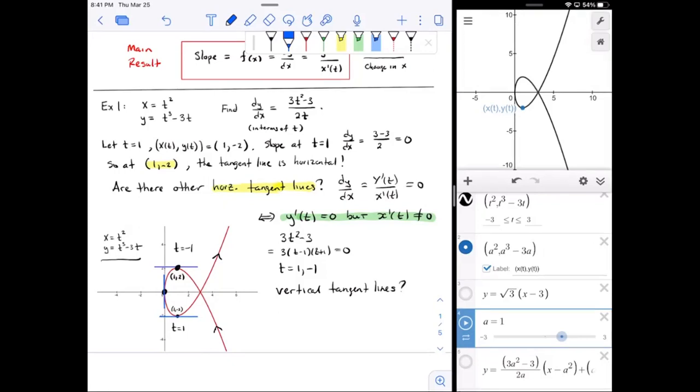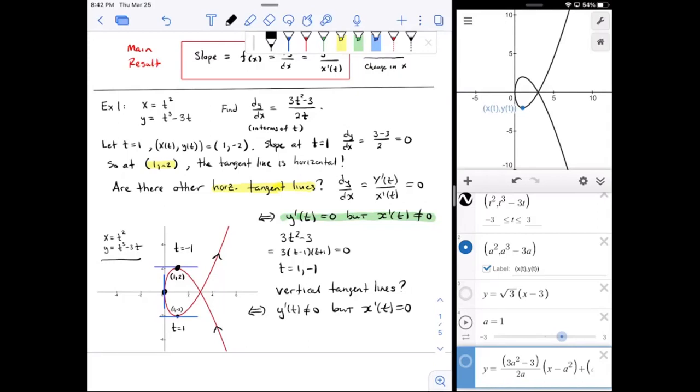In the same way, looking at this slope expression, a line is vertical when its slope isn't defined. So that means the denominator of this expression is 0, but the numerator isn't. This is another fact I want you to have in your pocket: you have a vertical tangent line if and only if y prime of t is not 0, but x prime of t is.